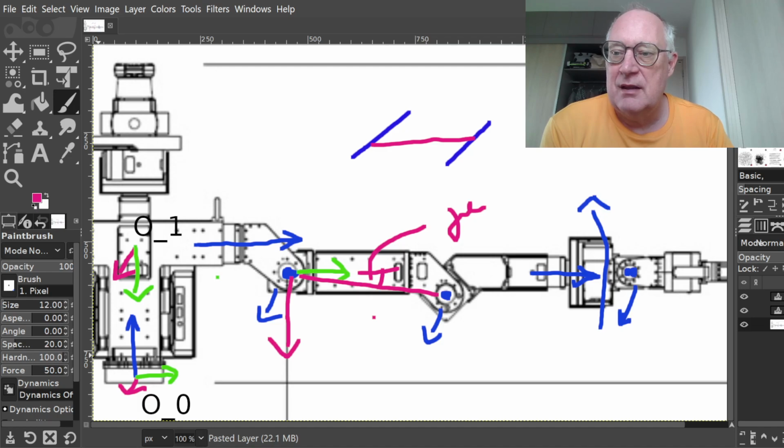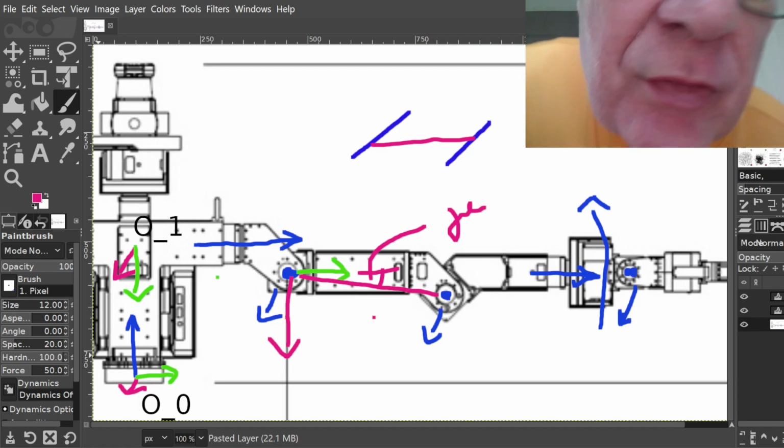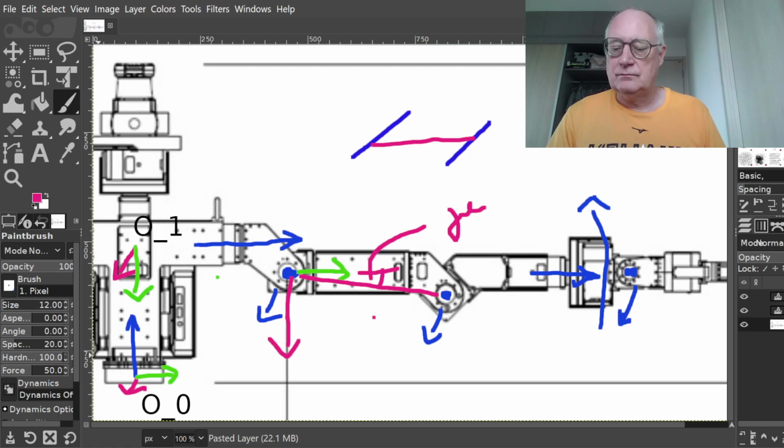So let's calculate that. Left shoulder frontal, and then here. So first, D3 is equal to 0. And alpha 3 is going to be 0. Just finish this part here.